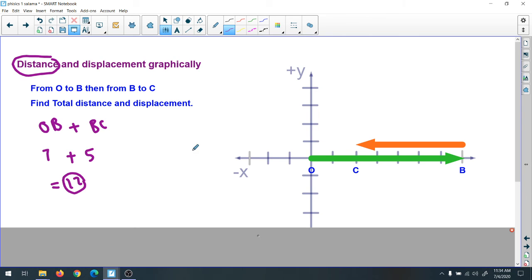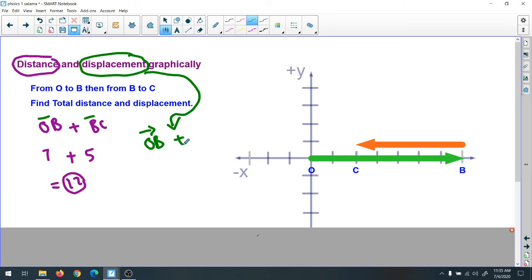Now let's talk about displacement. So we move from O to B towards the positive direction. You see this arrow? Mention direction, but here there is no direction.